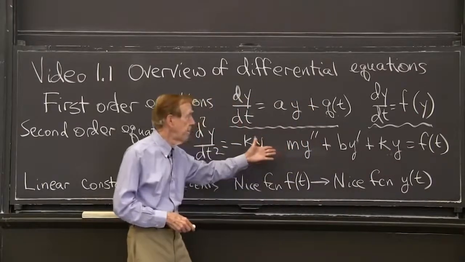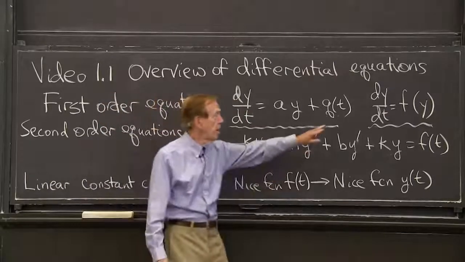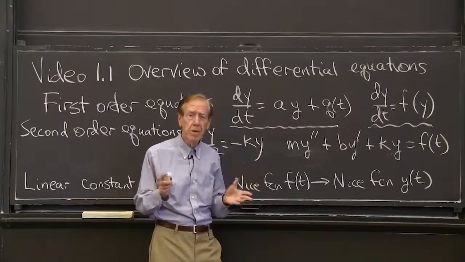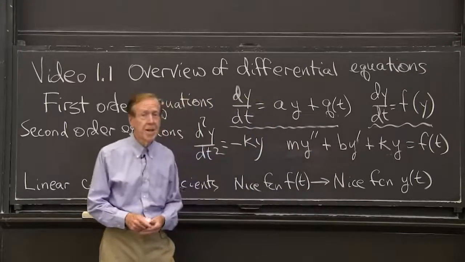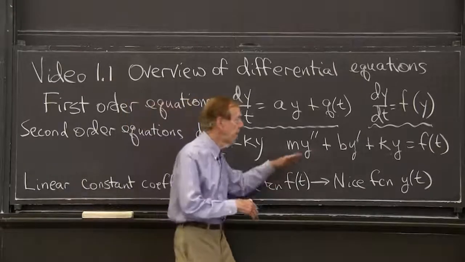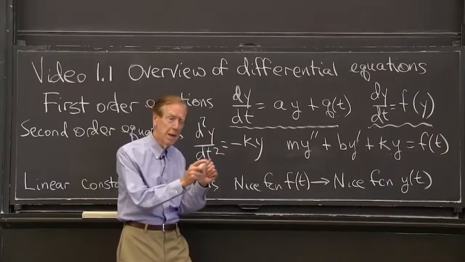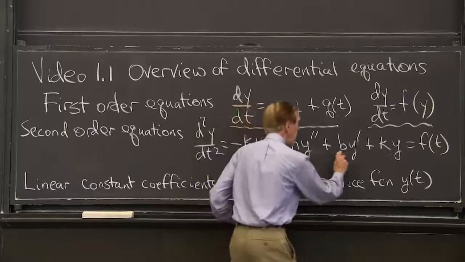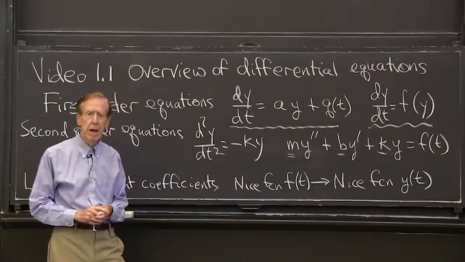So that's a big equation, and let me just say, at this point, if we let things be nonlinear, we had a pretty good chance with first order. If we get these to be nonlinear, the chance at second order has dropped. And the further we go, the more we need linearity and maybe even constant coefficients, m, b, and k.